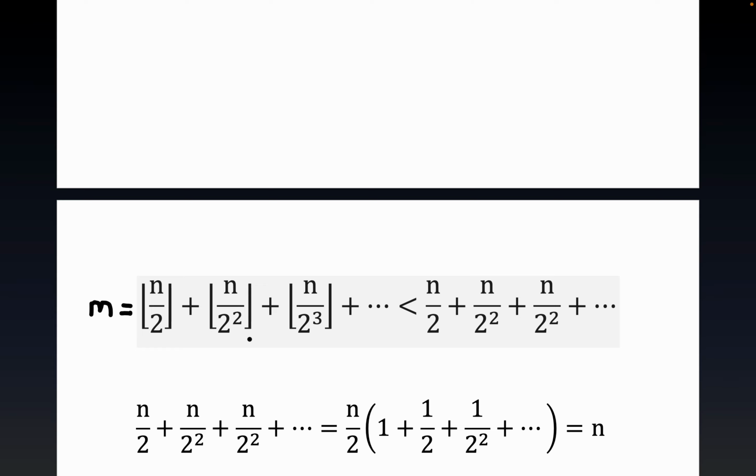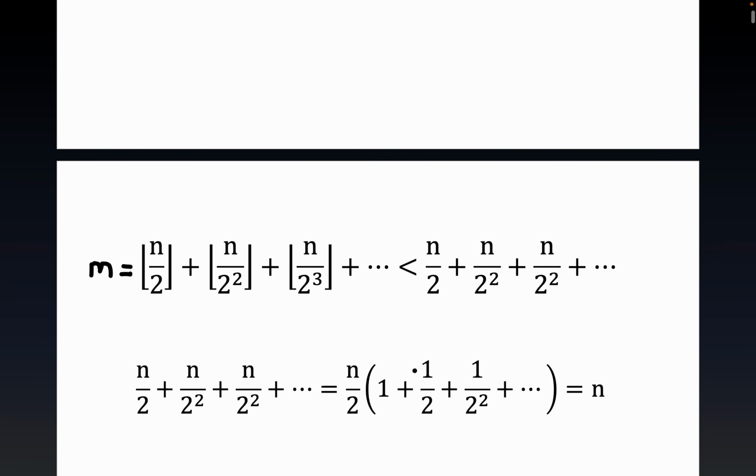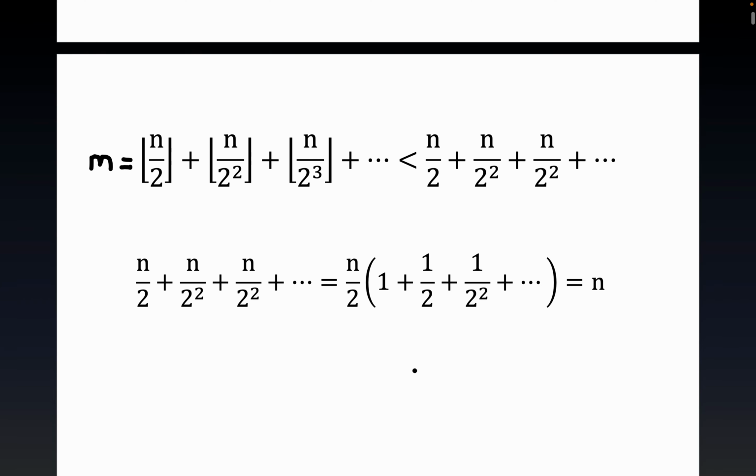M is equal to this, but it's strictly less than removing the floor of these three terms. Y'all, I just recopied down here because I didn't have room. But what we see right here is that M has to be less than N.